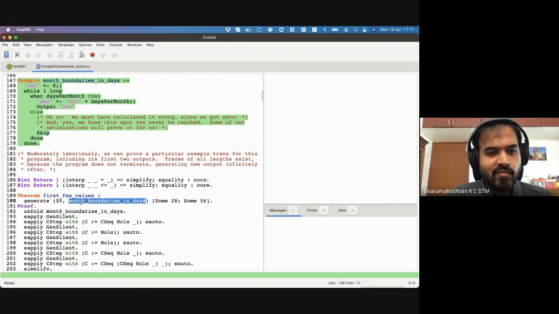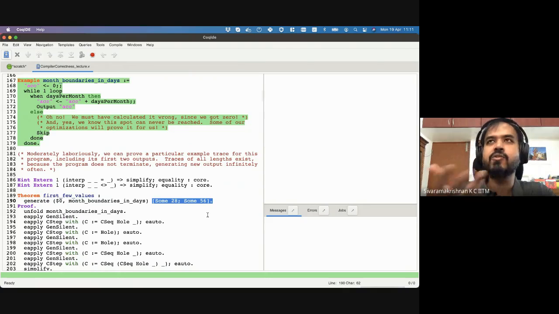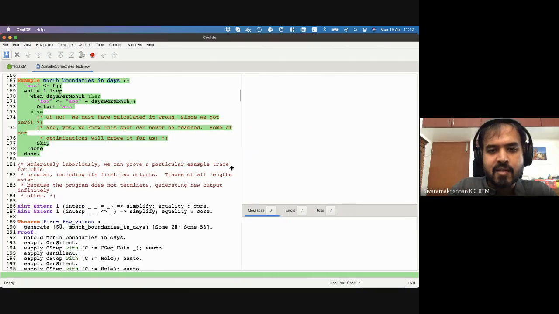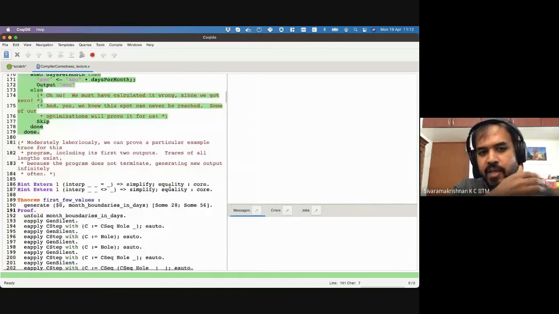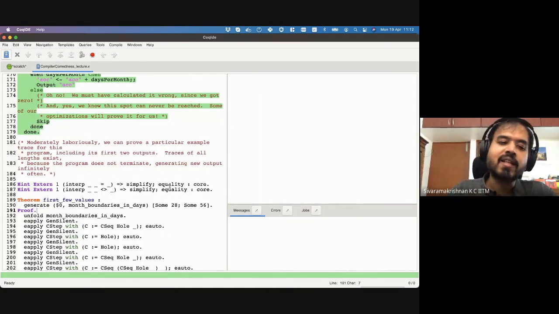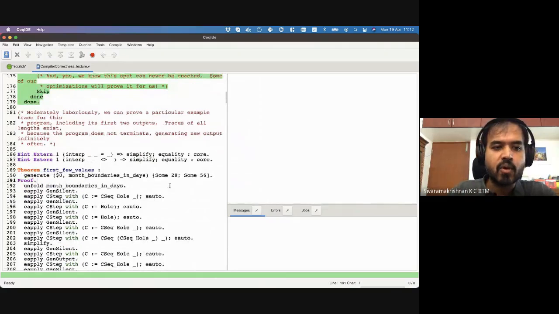If I execute this program under an empty evaluation context, one of the traces that is generated is going to be 28 and 56, right? So the first two outputs that you see for this are 28 and 56. I can show it with some tedium, so with moderate complexity, I can actually show that this is in fact true. This is very mechanical, but I just want to get the point across.